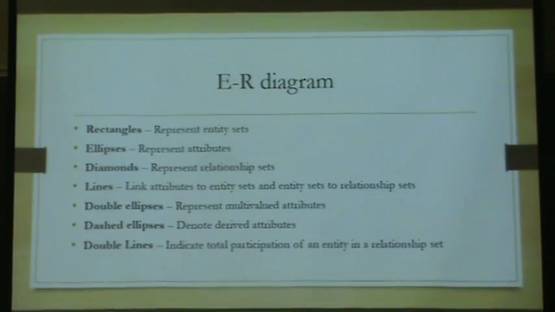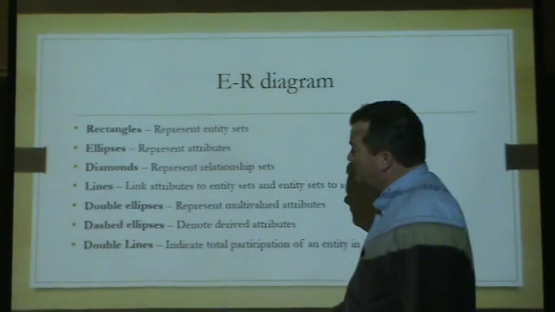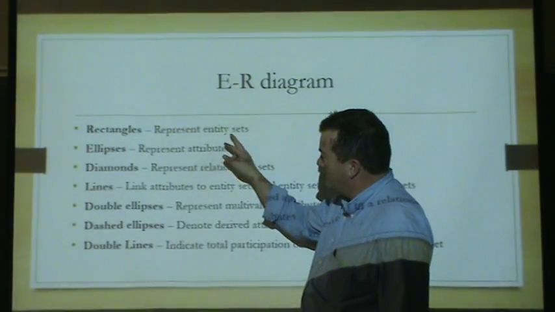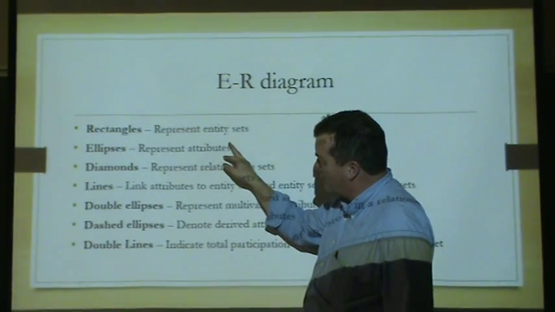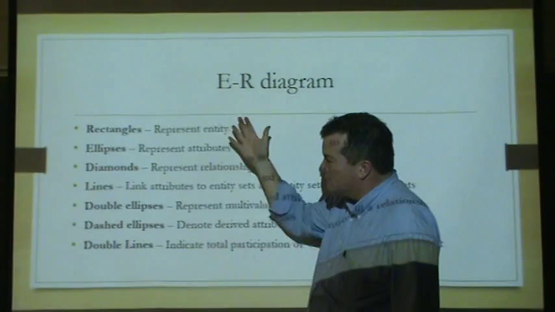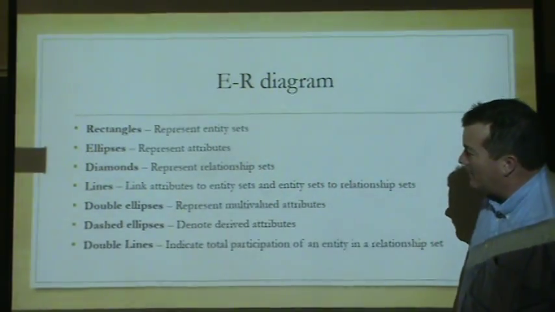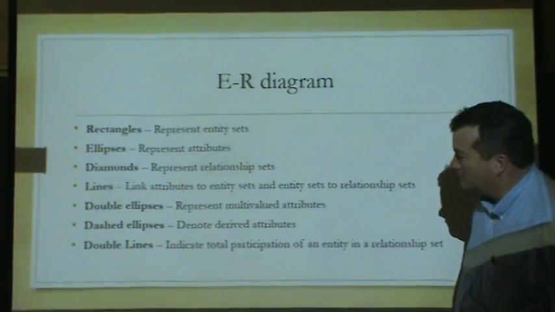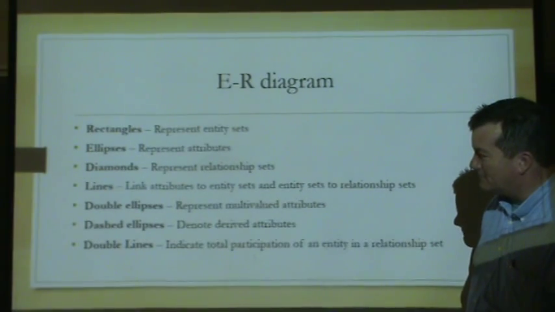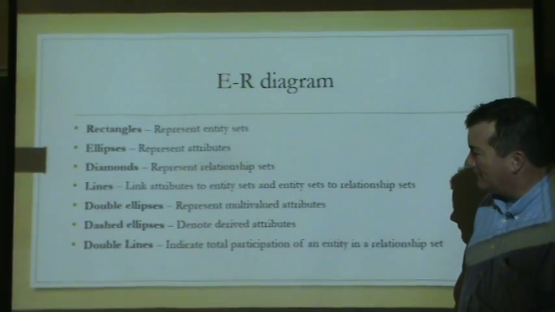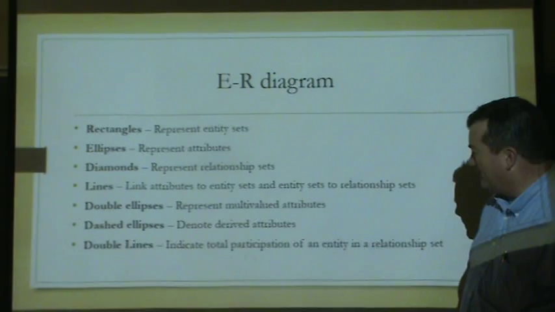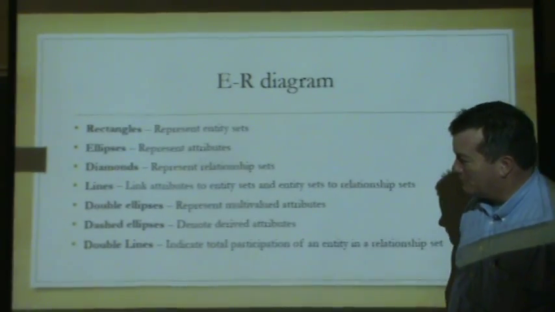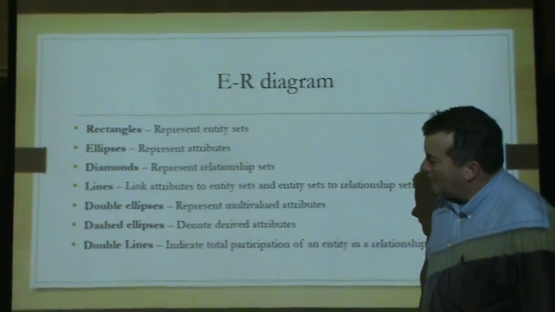So we're going to use rectangles to represent entity sets, ellipses to represent attributes or columns to those tables. Diamonds will be relationships between the sets. Lines will be links that connect the entities to the relationship.